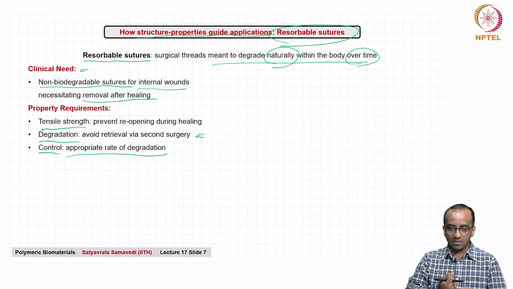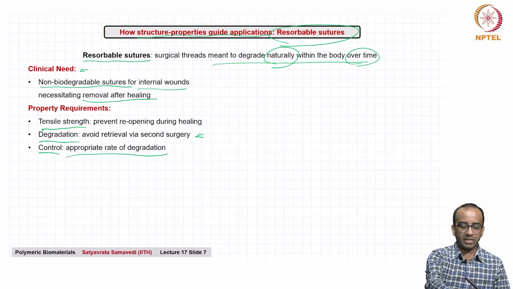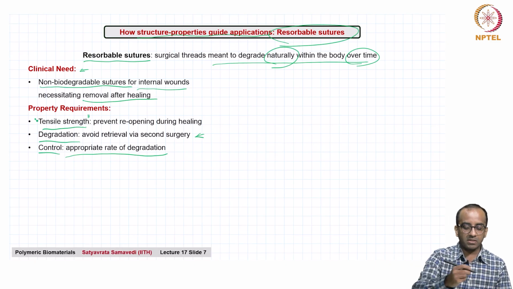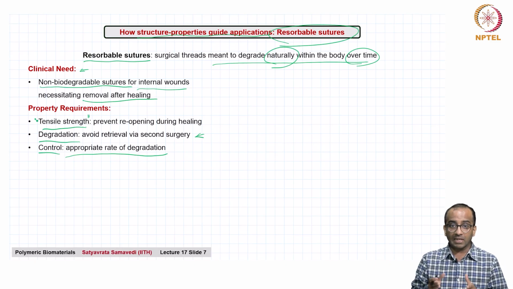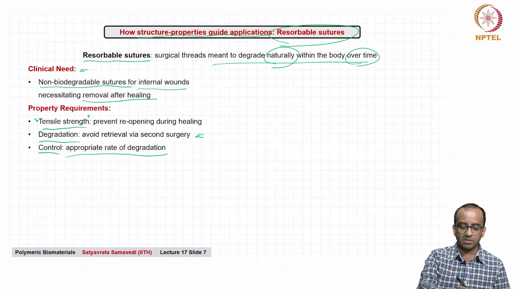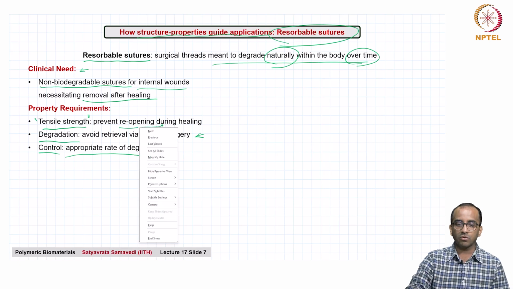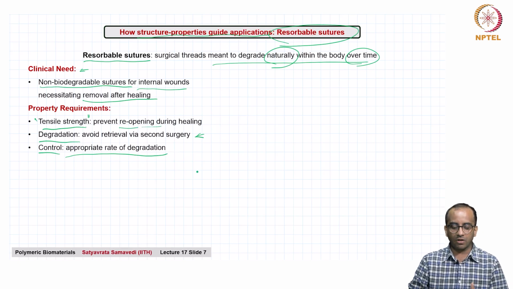Because as material starts to degrade, you will take a hit in mechanical properties. But you don't want the tensile strength to be significantly compromised during the active healing process, because if the tensile strength gets compromised during that process, you can have reopening of the wound during healing, which would not be considered a good thing at all.